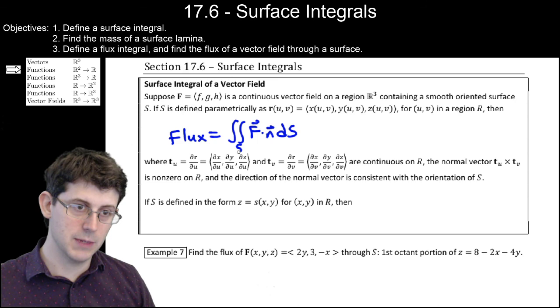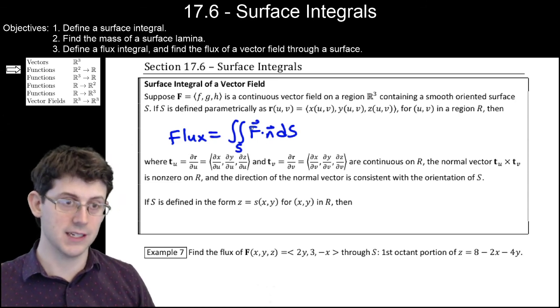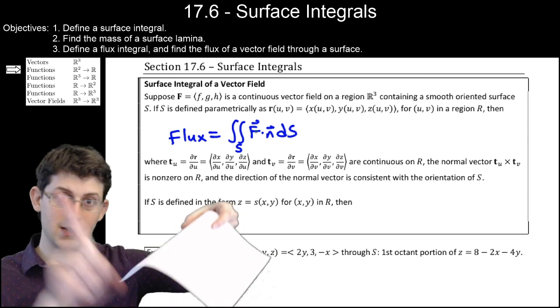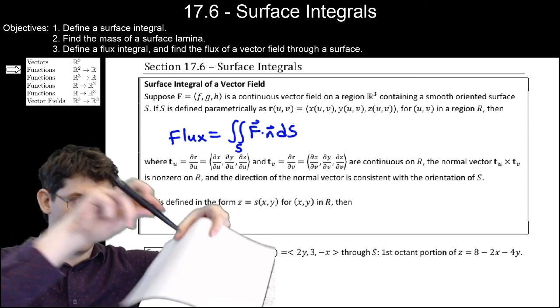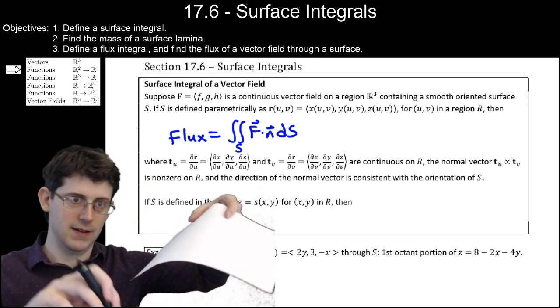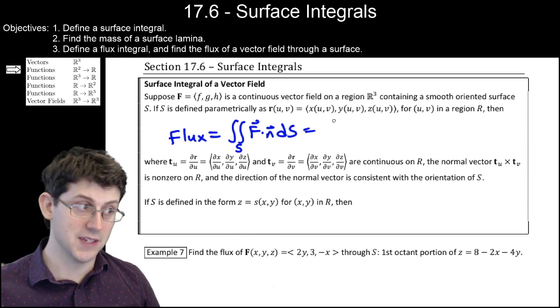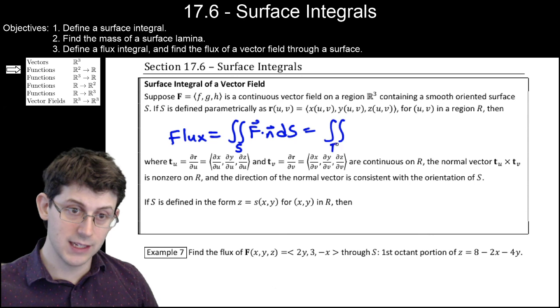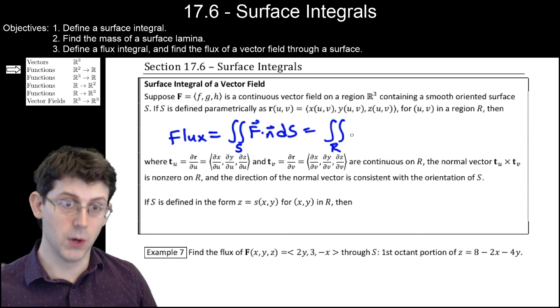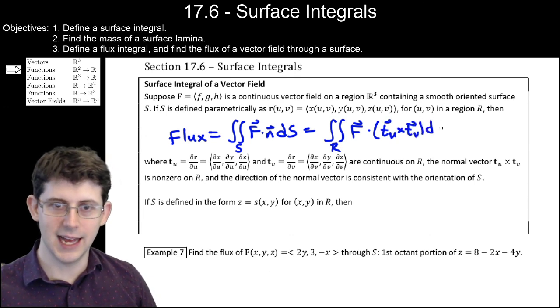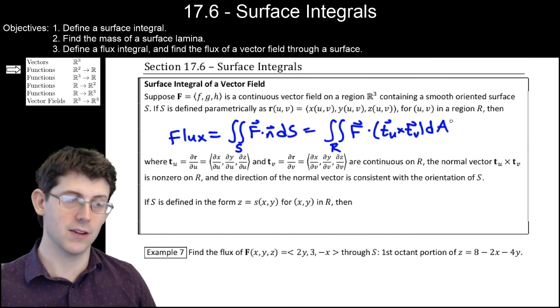This makes sense because when we ask for flux through the surface, we're asking how much does the vector field, how much does the wind, agree with normal vectors to the surface? The calculation on the previous page tells us that this is actually an easier integral than most surface integrals. It's f dot tu cross tv dA, where dA is du dv or dv du.